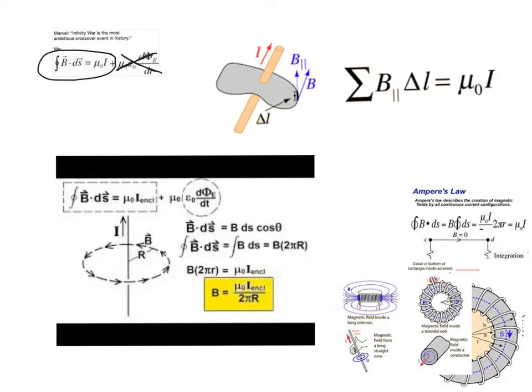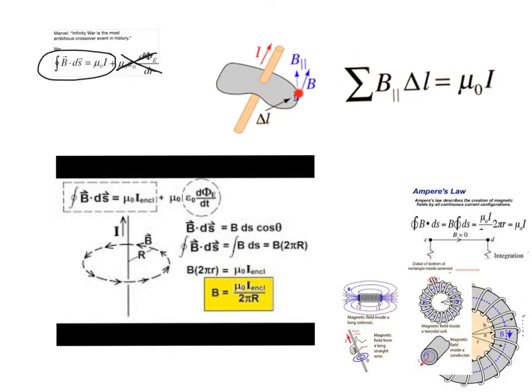So let's do it. Here's a wire, and we draw a loop around the wire, and we go around the wire taking the component of B parallel to the displacement vector, and here we're showing it as a summation.